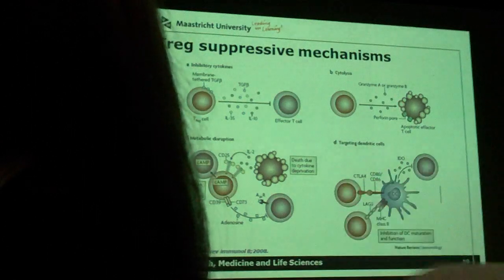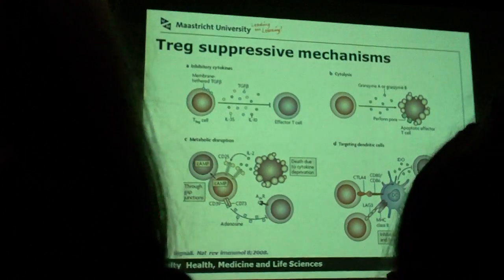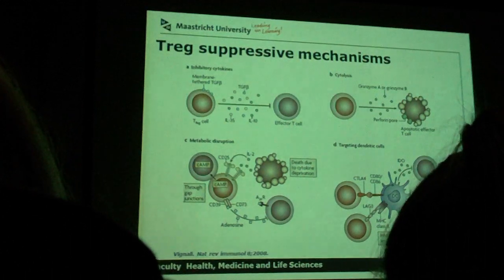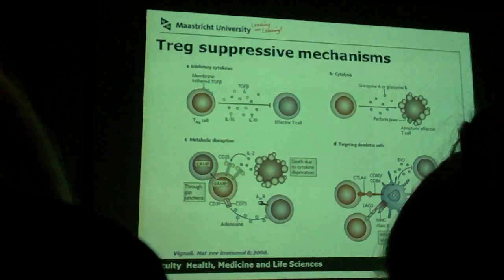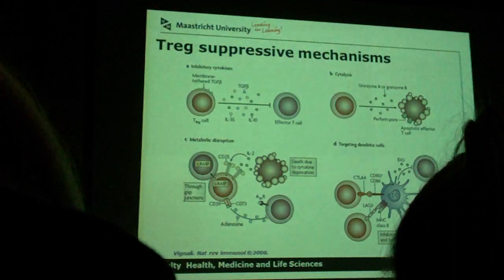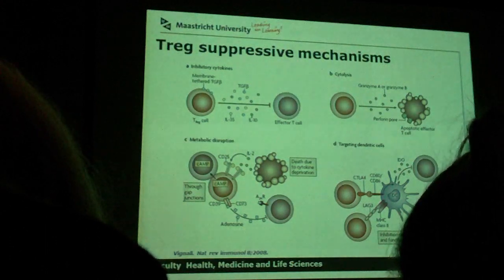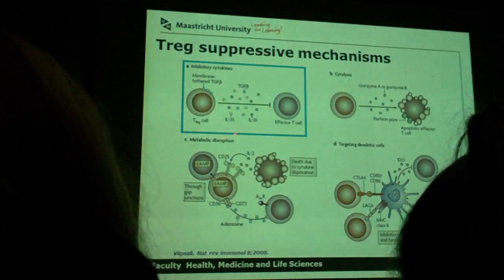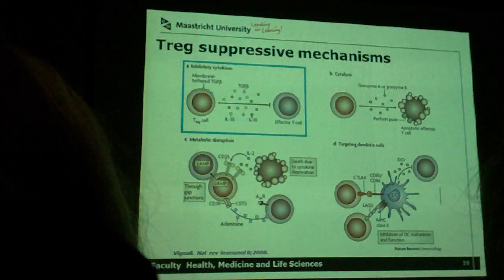There have been a lot of studies performed to investigate how regulatory T cells can then suppress other immune cells, and in this case other effector T cells. A lot of different mechanisms have been proposed. It's not clear whether different subsets use different methods or whether the method which is used is dependent on the environment or the cytokine environment. But what has been proposed is that regulatory T cells can produce different regulatory cytokines like IL-10, TGF-beta.